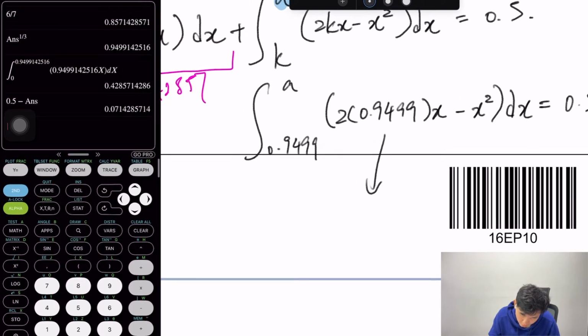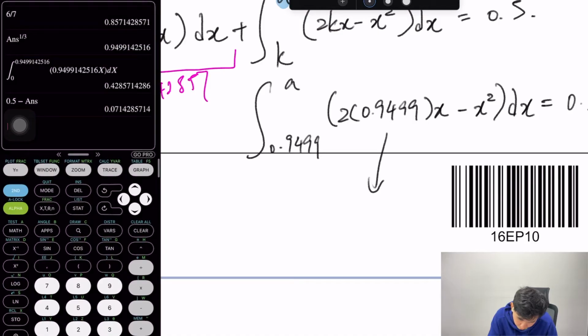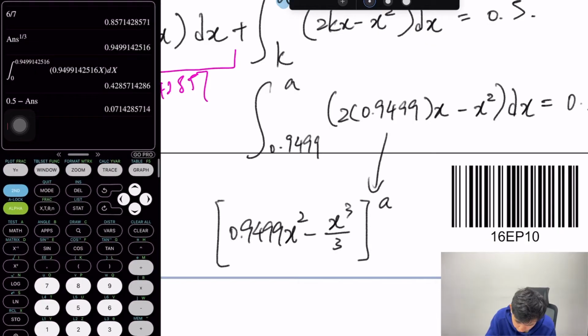So if we write it out, we're going to have 0.9499 x squared, okay? And then minus x to the power of 3 over 3, right? And then this one, we can calculate from a to our 0.9499, and that equals 0.0714, okay?